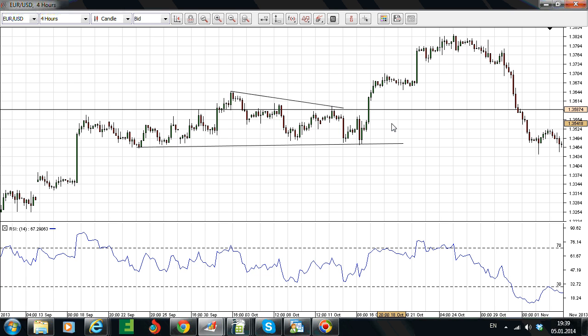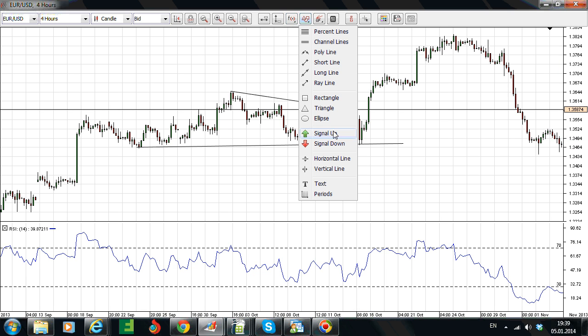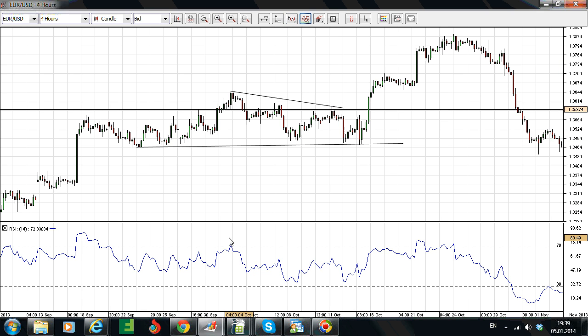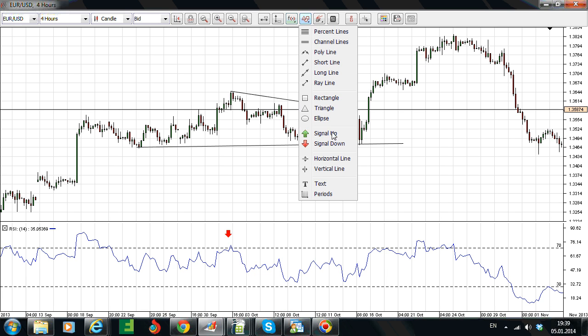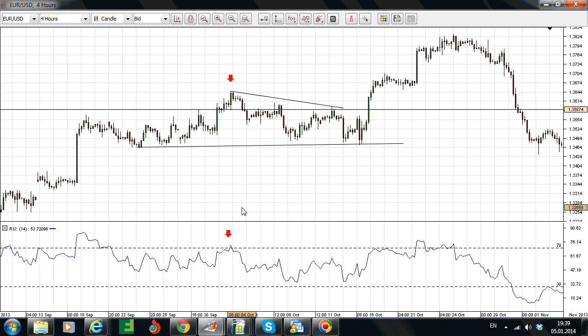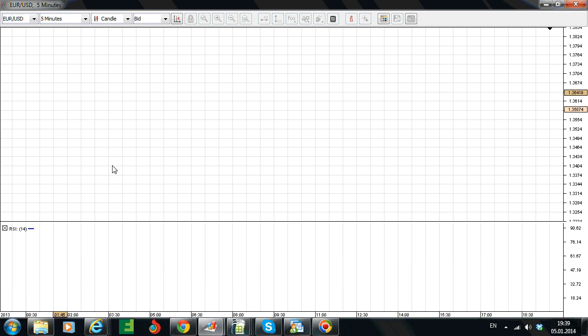As you can see, a nice place to buy a put option was here, with the oscillator coming into the 70 area, and of course price making this high too.